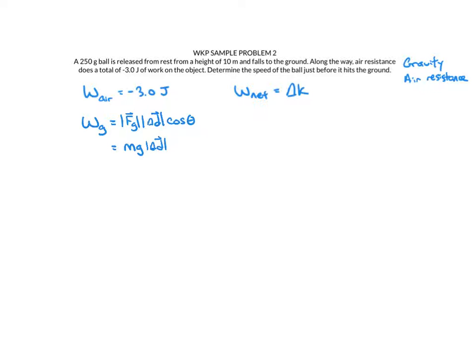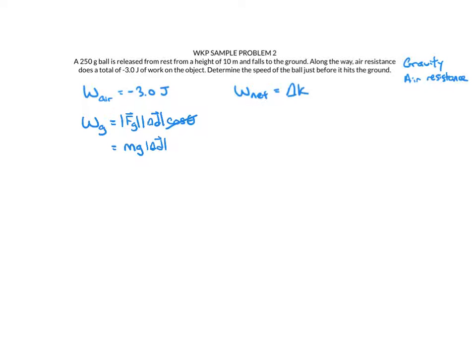However, there is one number I will fill in actually, and that'll be the angle. The angle between the force of gravity and the displacement is 0 degrees. The force of gravity is straight down, the displacement is straight down, so they're in the exact same direction. And when that happens, the angle is 0 degrees, and cosine of 0 degrees is 1.